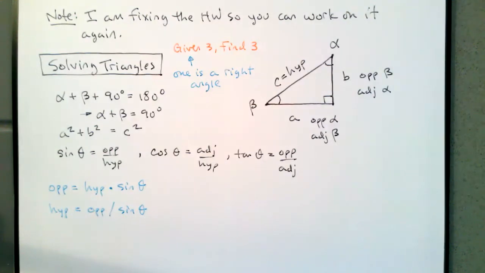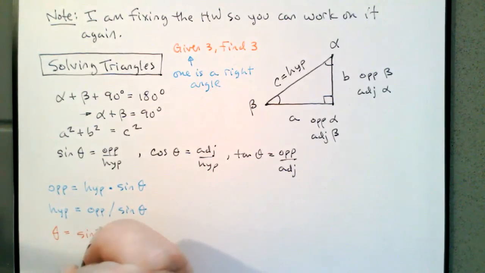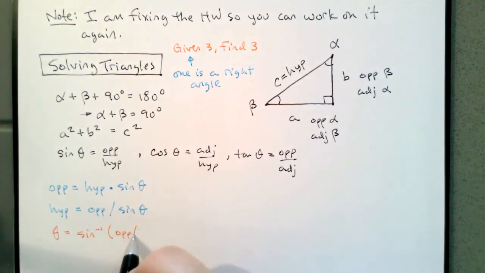We can also use this to solve for an angle if we remember to use inverse trig functions. So I could say theta is sine inverse of opposite over hypotenuse.